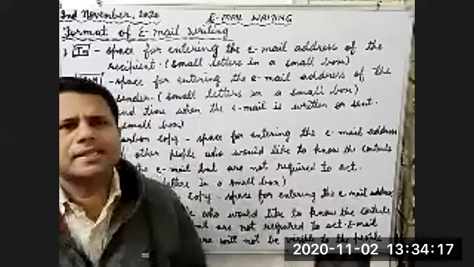Who will act? Rahul will act, because he is the actual recipient of the email. So this is the meaning of blind carbon copy: space for entering the email address of other people who would like to know the contents of the email but are not required to act. Email addresses entered here will not be visible to the other people entered in To and CC.